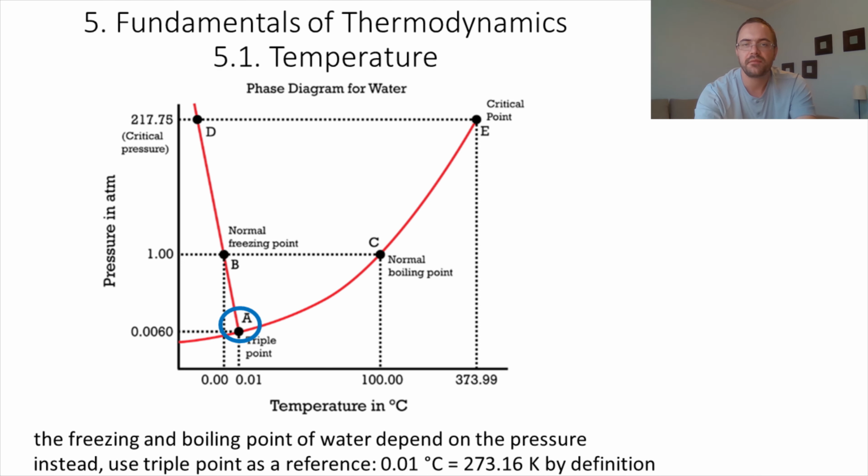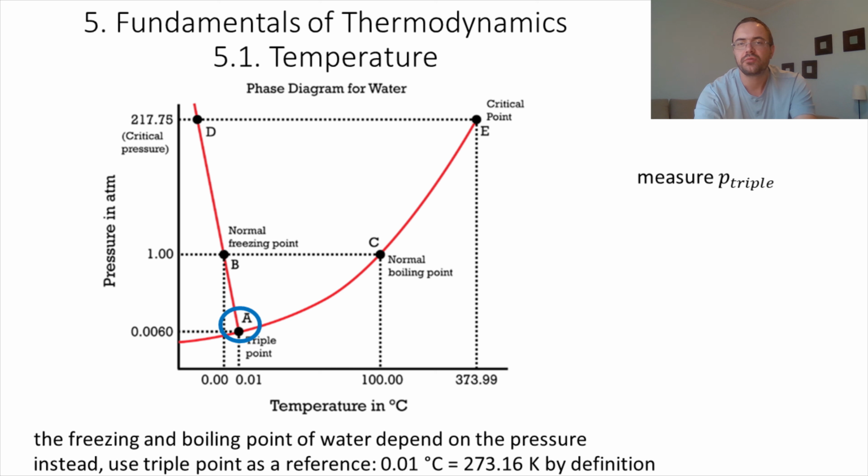So let's say that you have a constant volume gas thermometer that you want to calibrate. You prepare a volume of water and you change the pressure and temperature until you get solid, liquid, and gas at the same time. And then you use your constant volume gas thermometer and you measure the pressure on the manometer of the thermometer, and let's call this P triple.